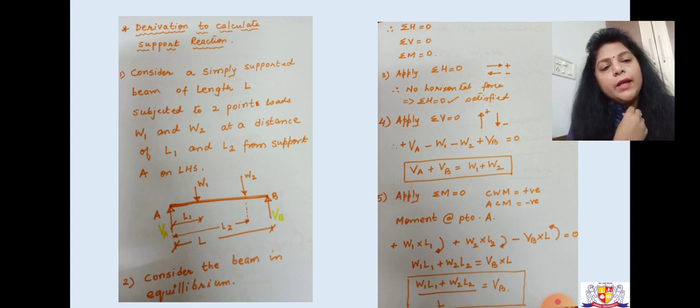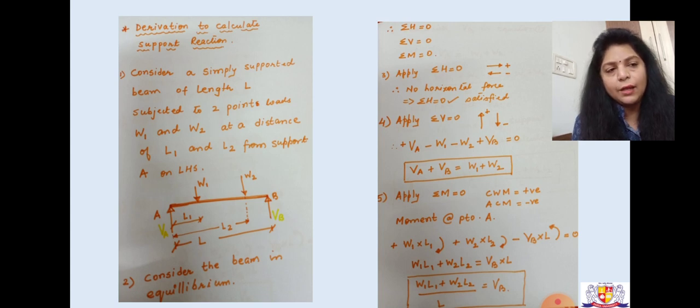So if we consider that W1 is acting, we will extend the line in upward and downward directions, so we'll get the line of action. So the line of action of W1 till point A is distance L1. As it is a vertical force, the distance will be horizontal.